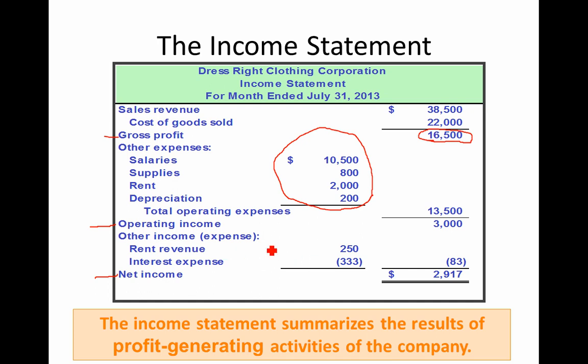And this would give us a number that's not reflected on this slide, but we'll be talking about, and that is income before taxes. That would fit into here. And from that, we would generate our tax expense.